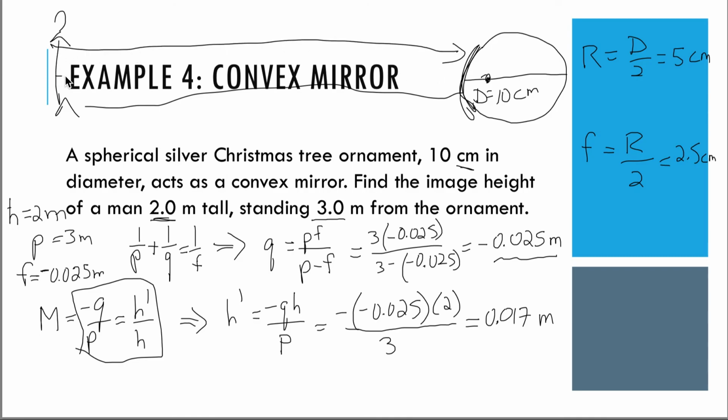Whenever the rays are incoming parallel, they either reflect through the focal point, or if it's a convex mirror, they appear to reflect from the focal point. So all of them are reflecting as though they are coming from that focal point, and the image is formed at the focal point. That's why it happened to be the exact same value.